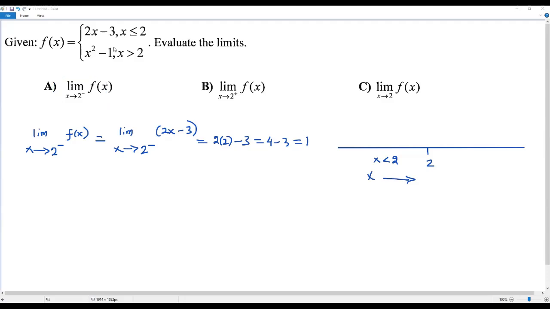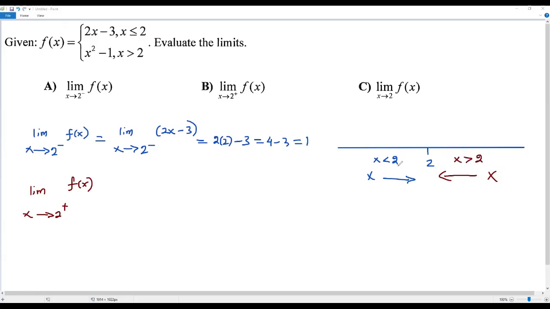Okay, now let me evaluate the limit we have in part B. That is the limit as x approaches 2 from the right of f(x). Here the positive sign indicates that x approaches 2 from its right side. When x approaches 2 from its right side, all the values over here are greater than 2. That is, when x takes a value in this interval, it will be greater than 2.